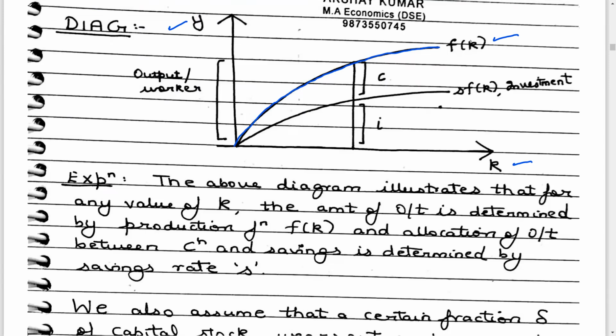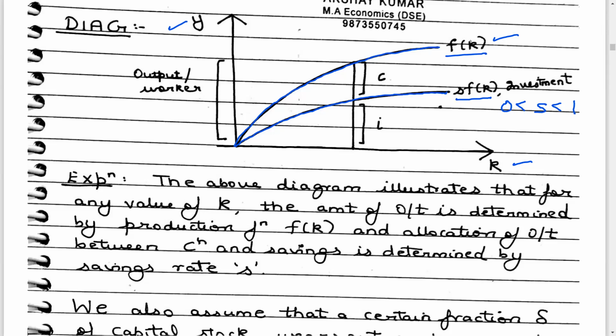Now, if f of k is concave, s into f of k will also be concave, and it will lie below f of k. Why? Because s lies between 0 and 1. Since s lies between 0 and 1, s into f of k will have the same shape as f of k.